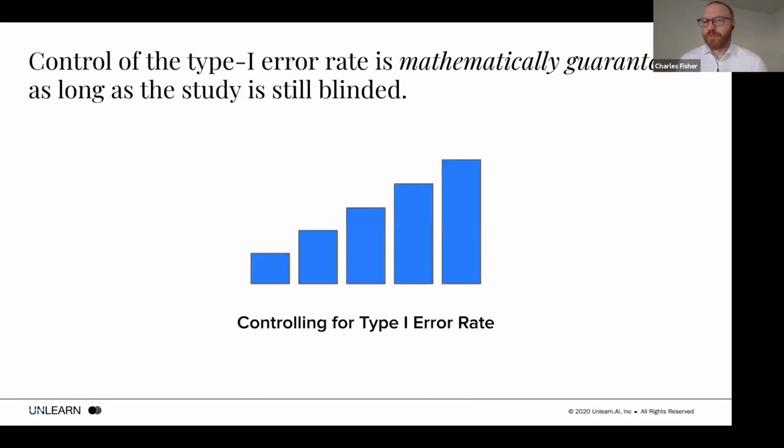And again, this particular method that we describe here is actually a frequentist approach that provides strict control of the type 1 error rate. It is mathematically guaranteed as long as the study is still blinded. So this fits squarely within current regulatory draft guidance about the use of covariate adjustment methods in clinical trials.